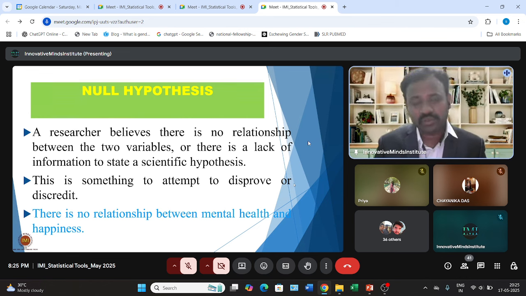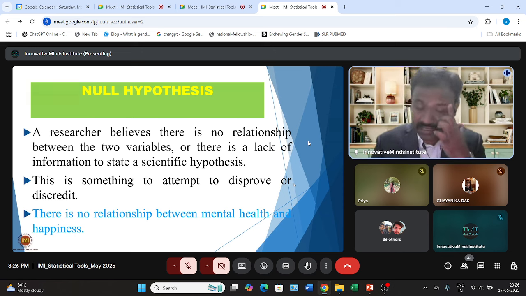So before that, you should know how to develop a hypothesis, right? You might be from various disciplines, but this is a very common, very basic phenomenon to develop a hypothesis. To develop a hypothesis, please take two variables, one from independent, one from dependent. Okay, so listen to my words: one from independent, one from dependent, or both can be dependent, but it should not be both from the independent.